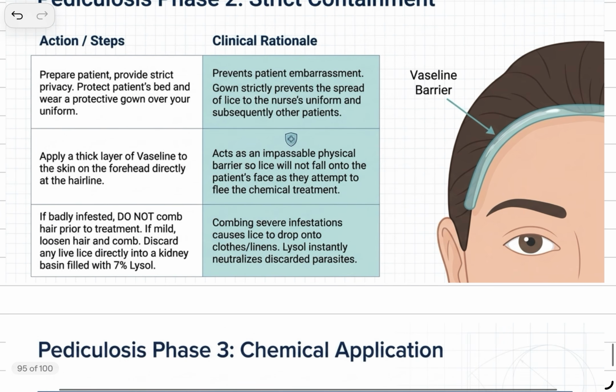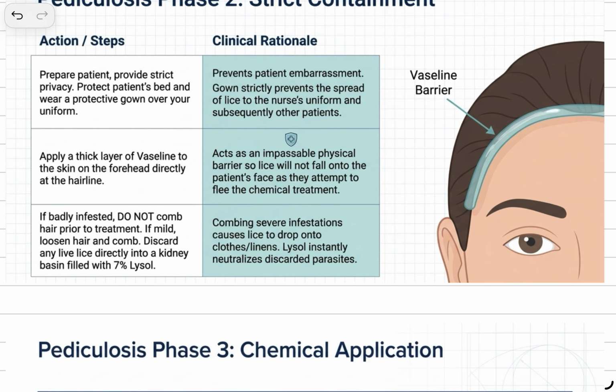Do not comb the hair prior to the treatment. You should not comb before applying Vaseline. First apply the Vaseline, then do the shampooing or apply the treatment, but you should not comb.